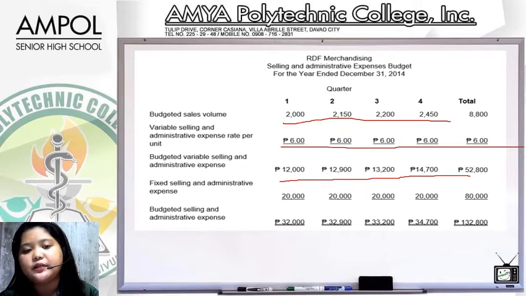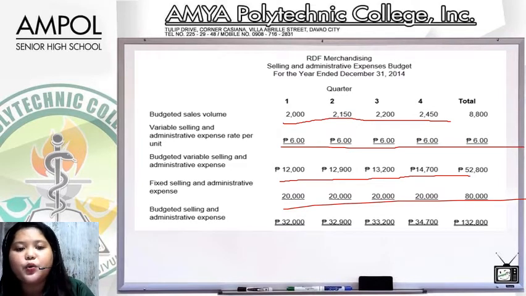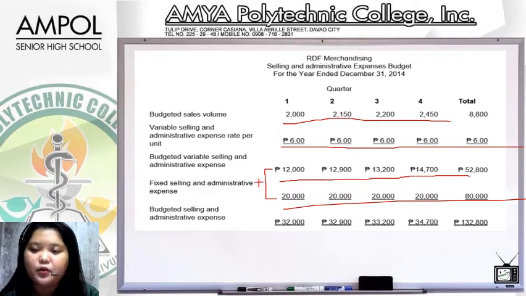And then the fixed selling and administrative expense is 20,000. So, to get the budgeted selling and administrative expenses, you are going to add the budgeted variable selling and administrative expense and the fixed selling and administrative expense.